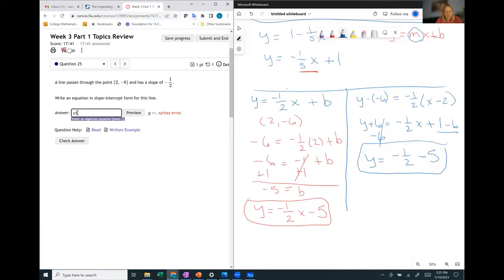Let's see. How do I put this in? I think we might have to put parentheses around this. Because without the parentheses, it looks like the x is times 2, but it's not. It's times negative 1/2. Oh, I forgot my x here. And then minus 5. I'm pretty sure if I leave off my parentheses, it's going to be wrong.